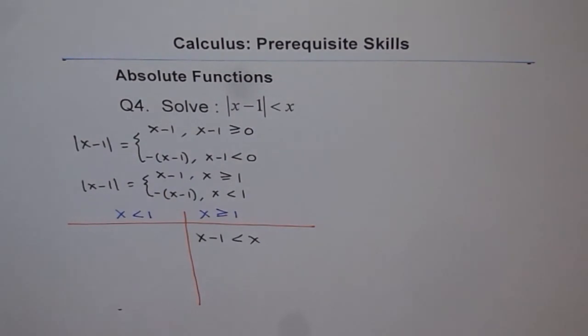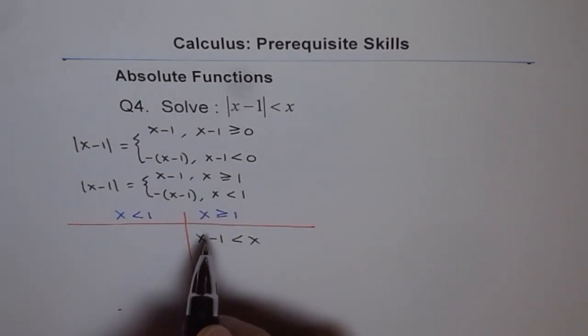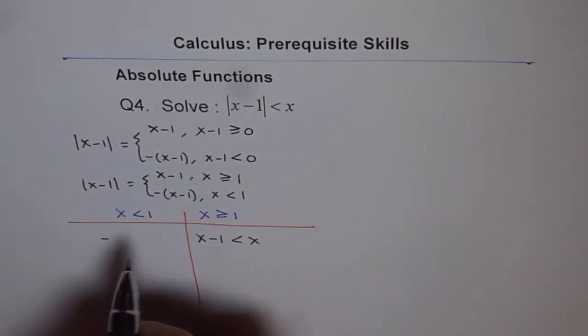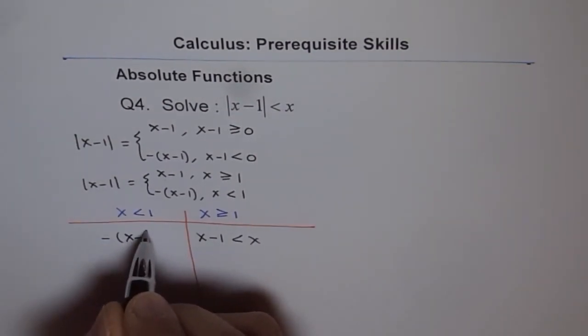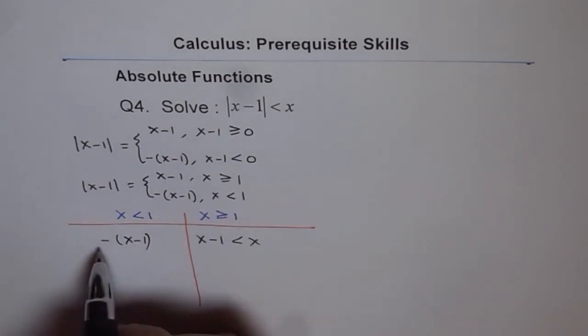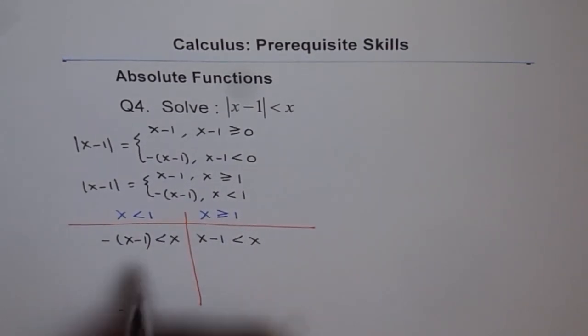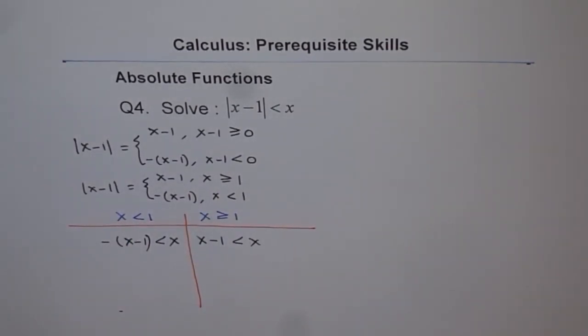But if x is less than 1, we write -(x - 1) < x. So basically we have two inequalities and we need to solve these two.